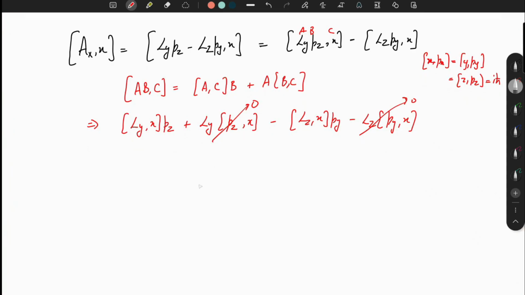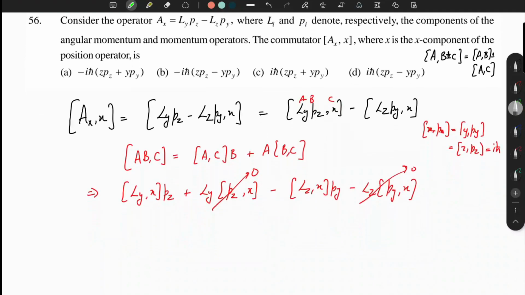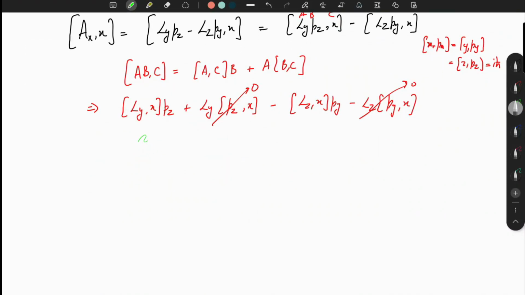And for the others we need to know about the angular momentum operator and position operator combinations. So we need to know some properties. The commutators of Lx comma x, Ly comma y, and Lz comma z are all equal to 0.